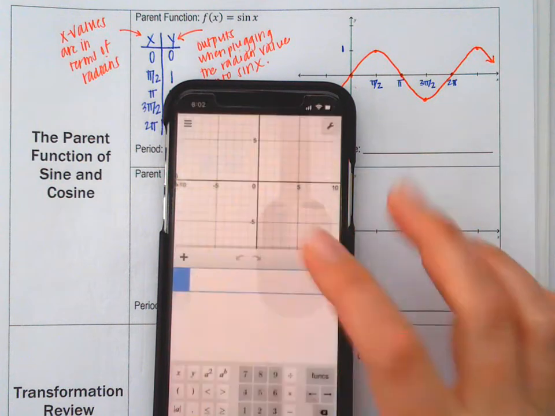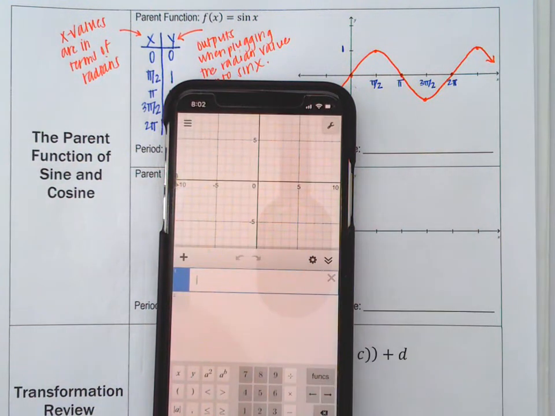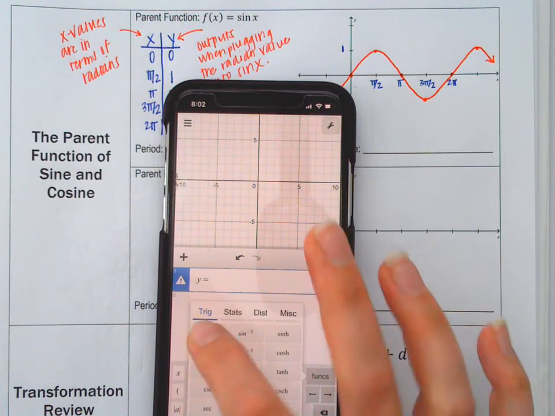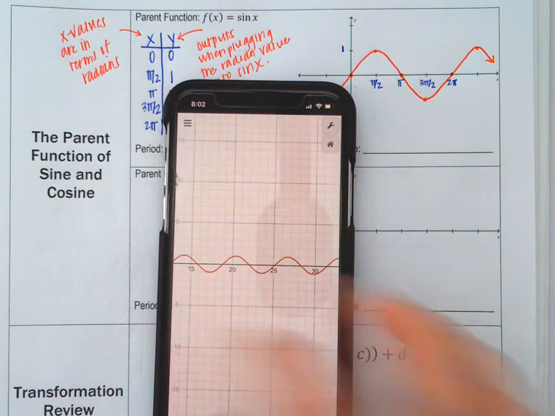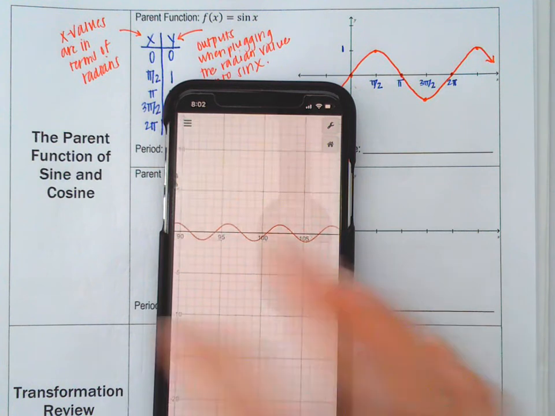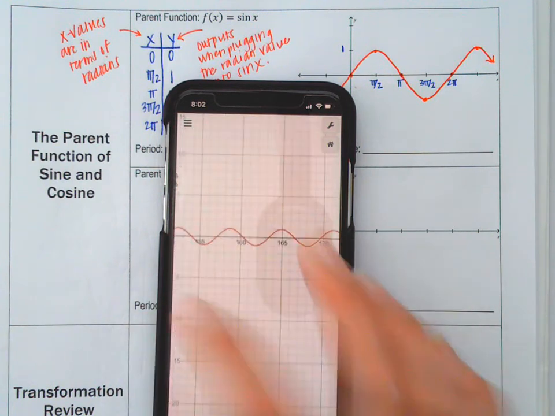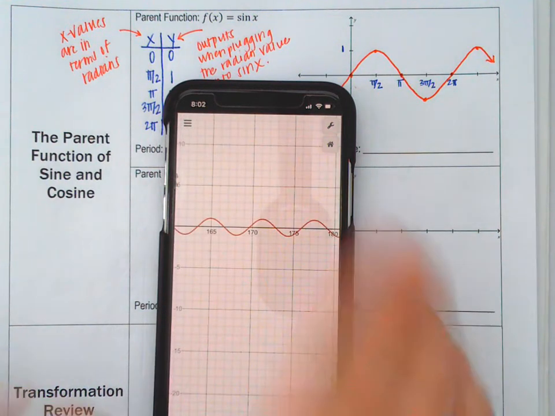Maybe that's better. Okay, so if I were to graph that, y equals, I have to find my functions, sine of x. Notice I could keep going forever and ever and ever, and it's still that same wavelength pattern.